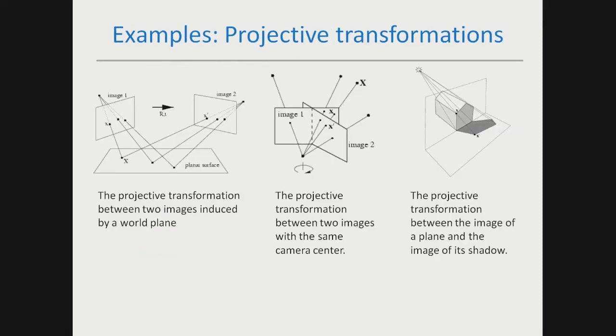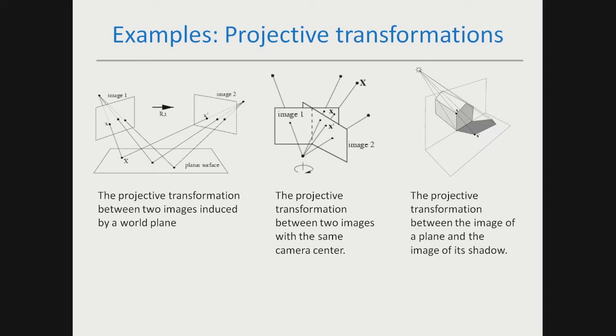Now let us look at some examples of a projective transformation. On your left side, we have two images, and the projective transformation between the two images is induced by a world plane. This is a plane surface, and we get two images of this plane, with points in them. Now we can compute the transformation from image 1 to image 2.